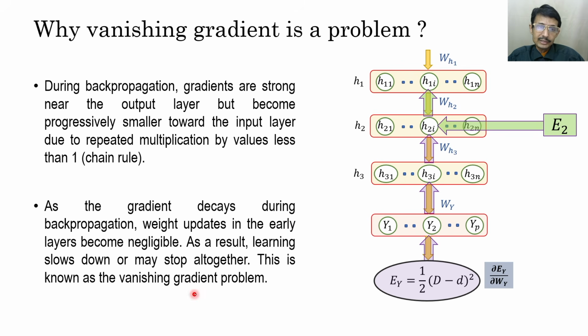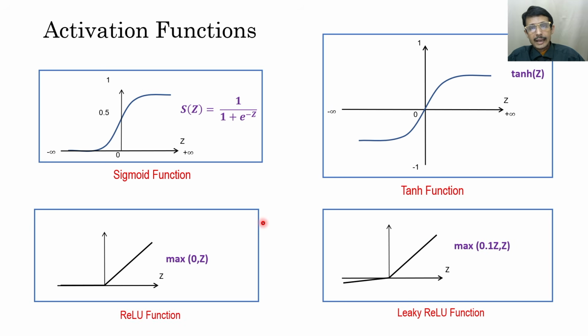Now we understand what is actually happening with the vanishing gradient, and why it is so important, specifically when the networks are deeper. This is one of the major issues, and we have to see how to handle it. Next, we will understand how to solve this.